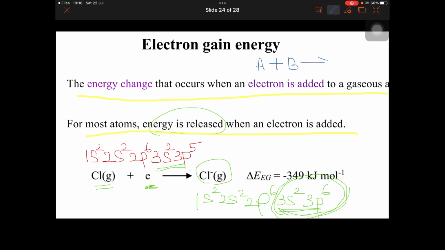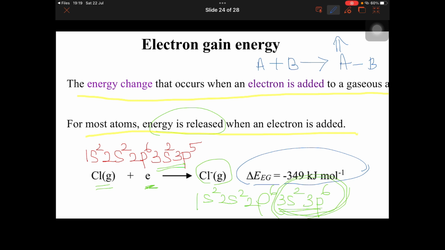If there is a bond formation, you will learn that there is a release of energy. So likewise, that's something favorable for these A and B atoms. So there is a release of energy. Here also something similar to that is happening. So usually the electron gain energy is negative, or energy is released.